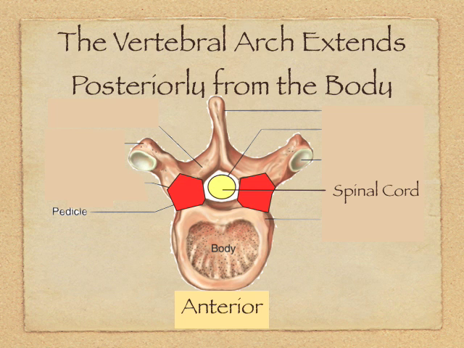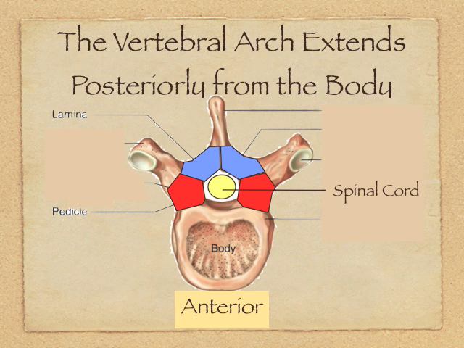The remainder of the arch is formed by two lamina, and these lamina unite together to form the spinous process. So the arch, as you see it here, are the two reds and the two blues. You can see that the arch completely surrounds and protects the spinal cord.